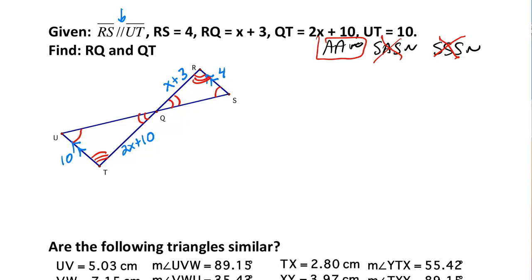So we could state that SQR is similar to UQT. And because they're similar, we can write a proportional statement. So we can write 10 over 4, since UT and SR are corresponding sides.